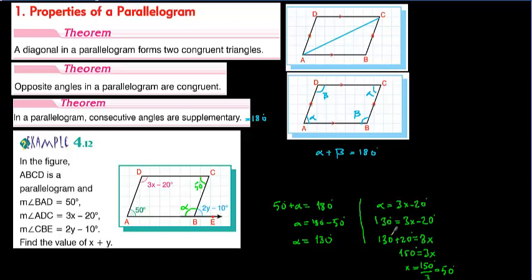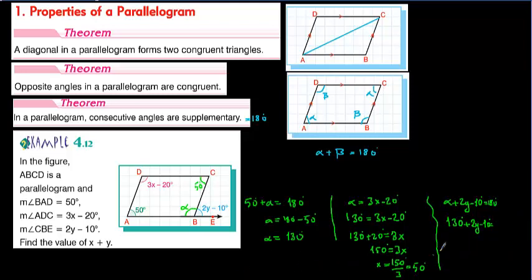Okay, I found the value of x. Now the second part, y. I said alpha plus 2y minus 10 are supplementary to each other, which is equal to 180 degrees. So alpha, it is 130, plus 2y minus 10 is equal to 180 degrees.